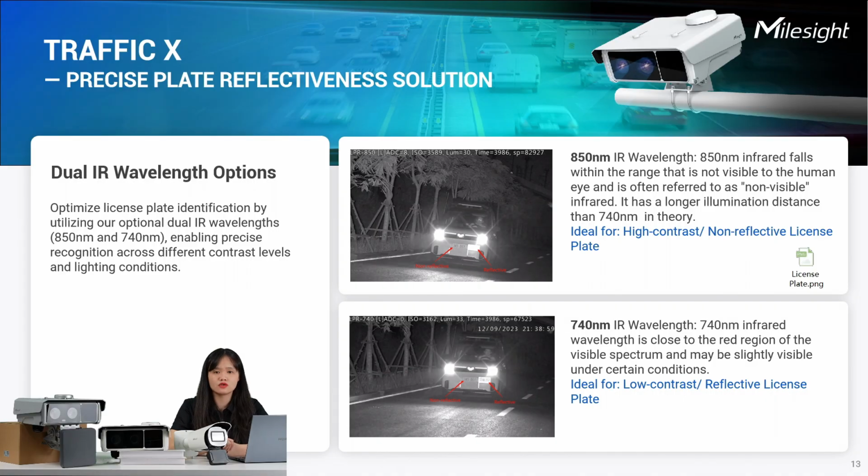And as for the dual IR wavelengths, this camera will use two IR wavelengths to deal with the different license plate material. The different license plate material may influence the reflectiveness of the license plate.